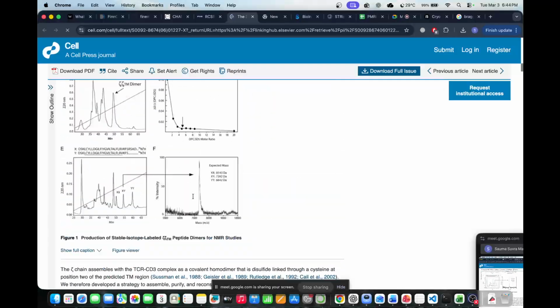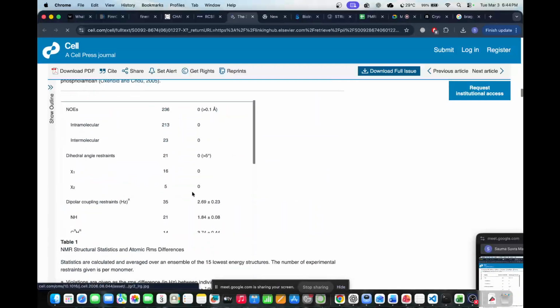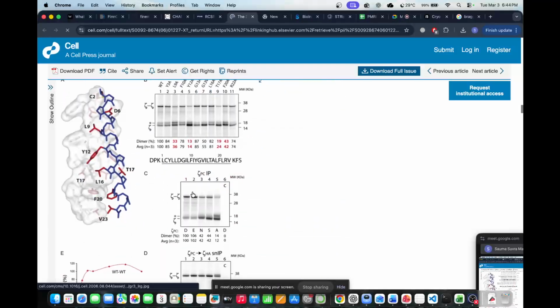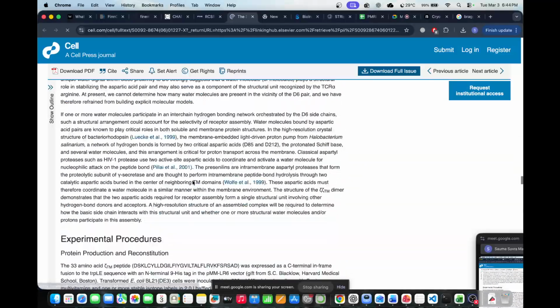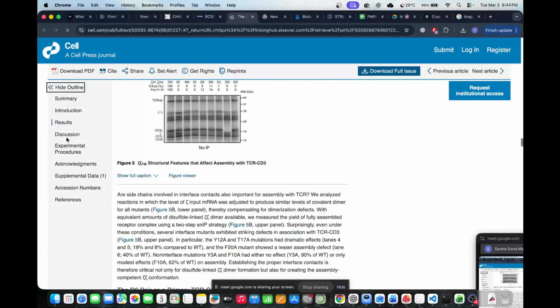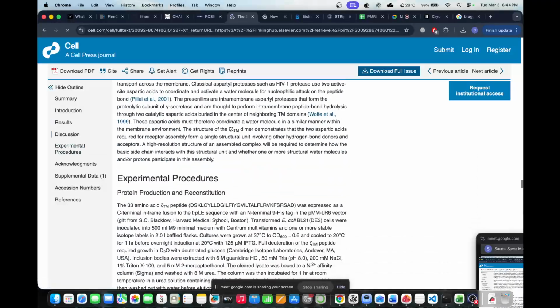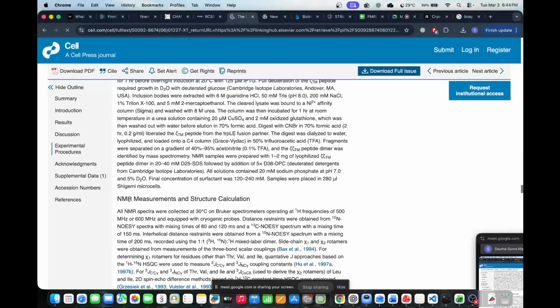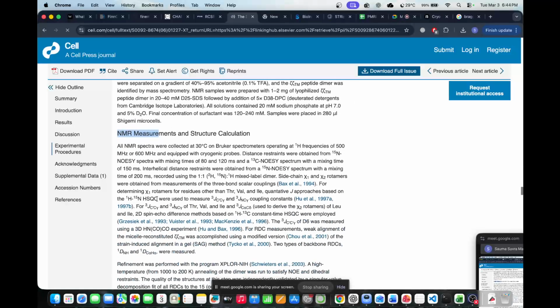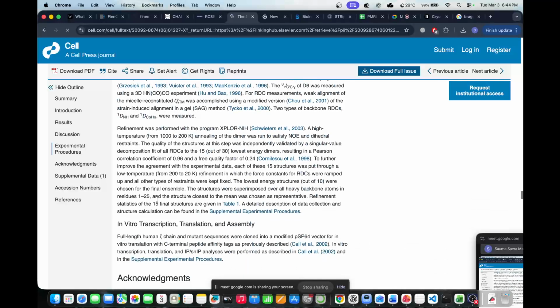And again, when you have gotten the structure, what you can infer from it is another part. If you go to the experimental procedure section, here they say how they have determined it. So this structure is determined using NMR, right? I don't think this is done using X-ray crystallography.